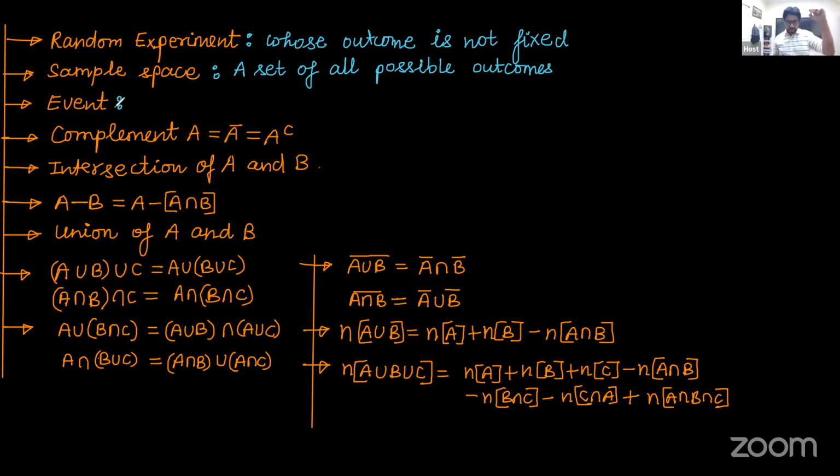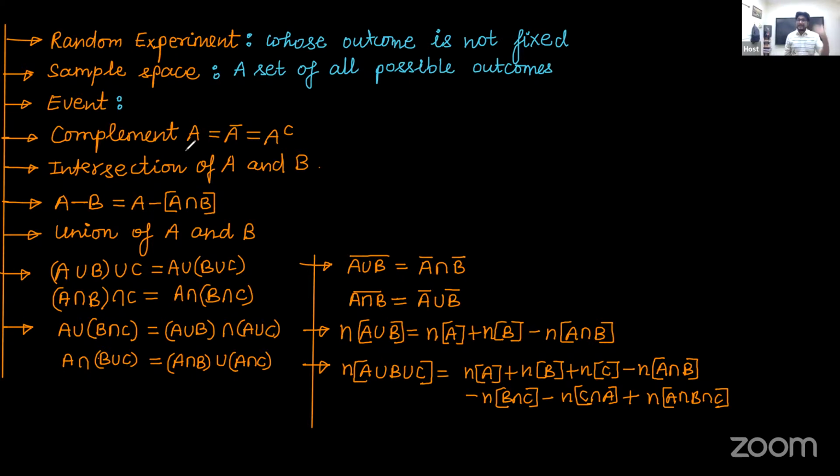An event is only one part of the sample space in which we are interested. At a particular crossing in a city, whether an accident will happen or not is a random experiment. But suppose we are interested in two accidents happening on a particular day, that's an event. We are interested in knowing the chance that exactly two accidents will happen. That becomes an event.